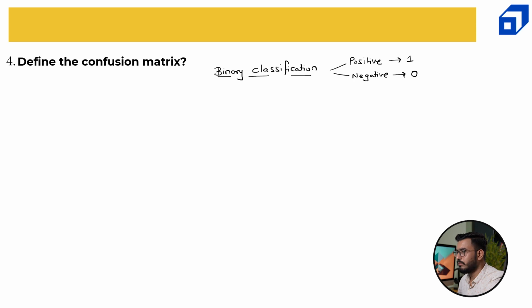You can change it, but here my assumption is positive as 1 and negative as 0. Now let's say my data has some independent variables x1, x2, x3, and y, which is my binary target variable: 0, 1, 0, 1.